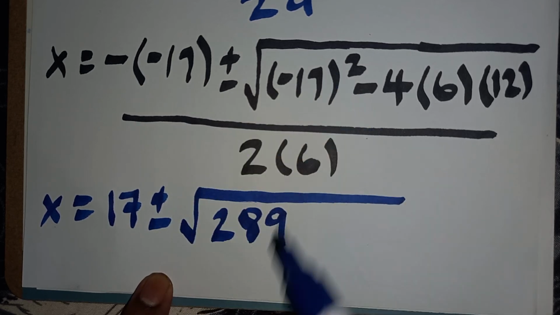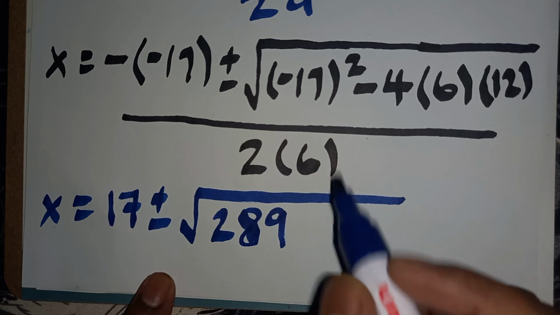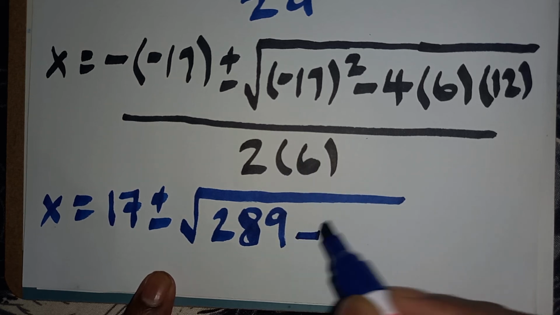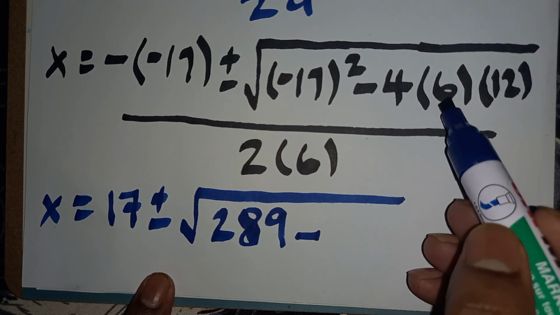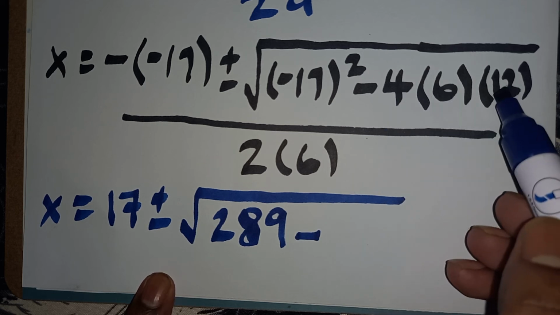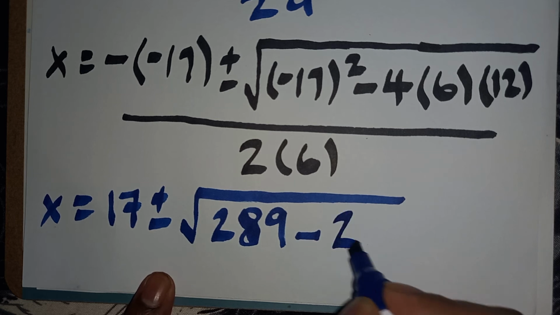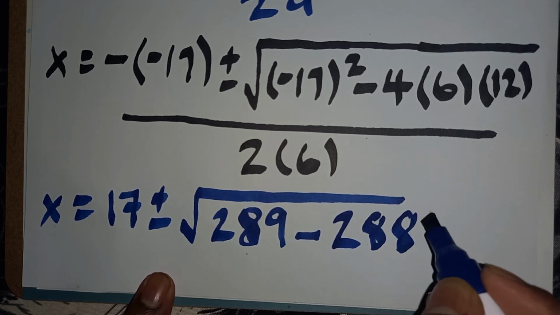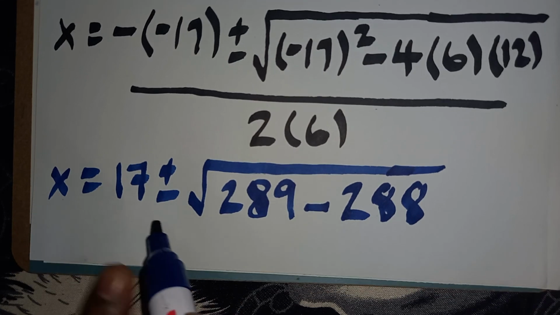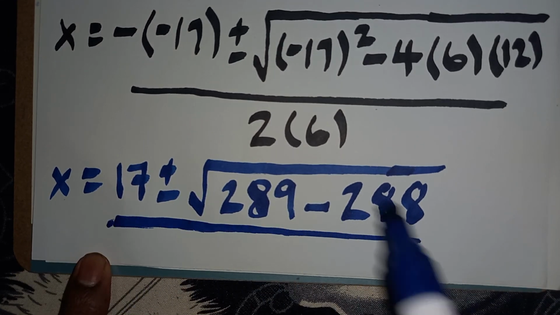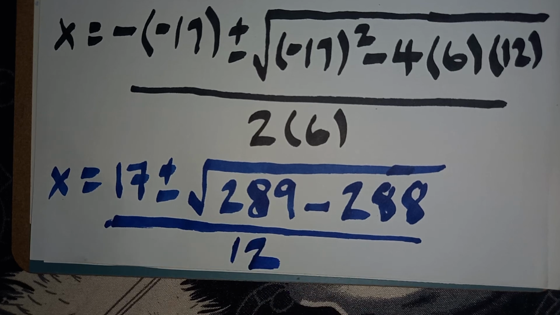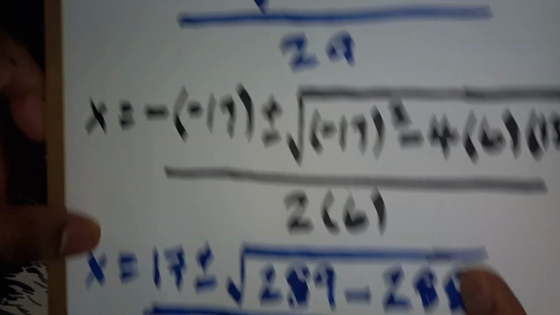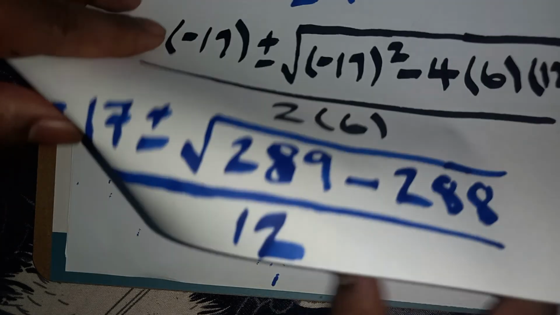Negative 17 square is 289, and the minus sign is going to go here. This minus sign is going to go here, and then 6 fours are 24 times 12 will give me 288, right? And then everything is divided by 2 times 6, so 2 times 6 is 12, right? So let's continue on another page.